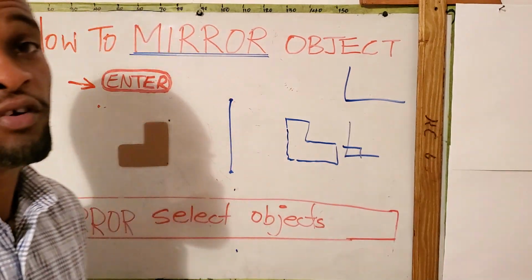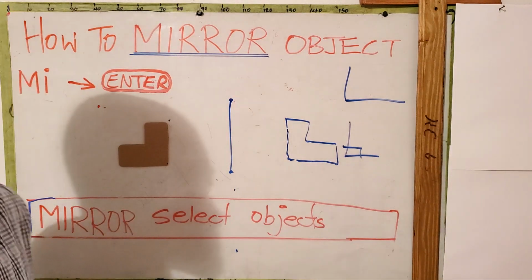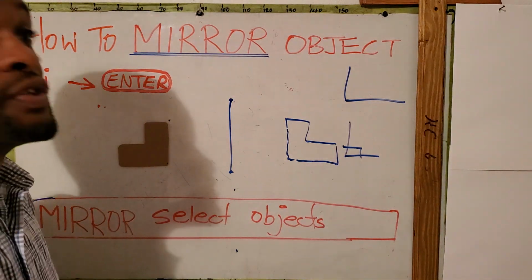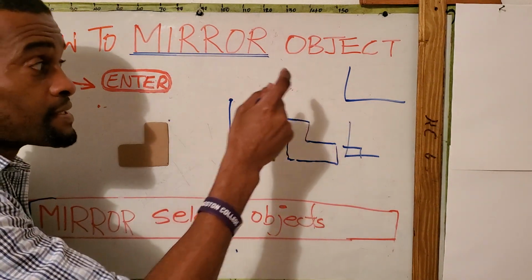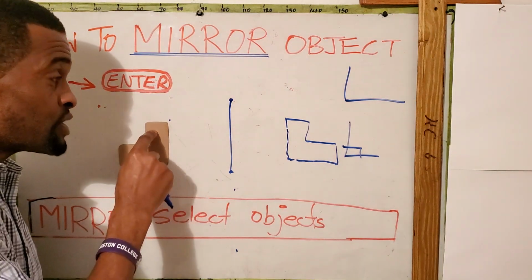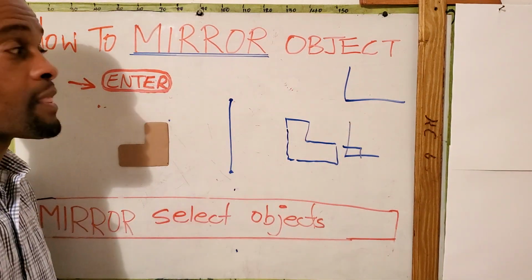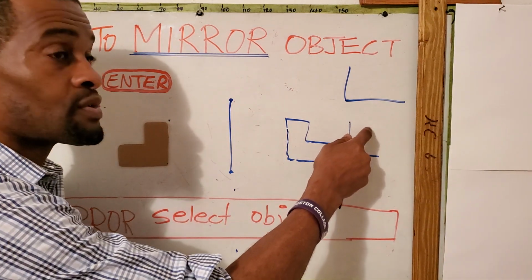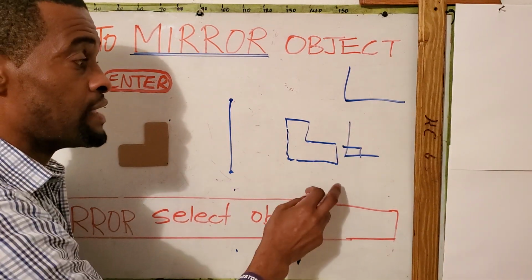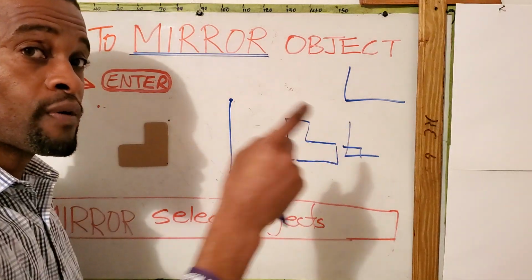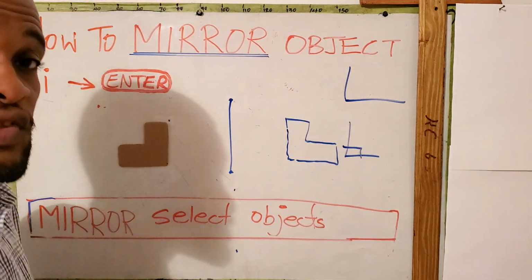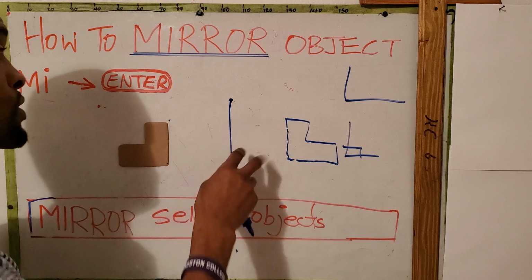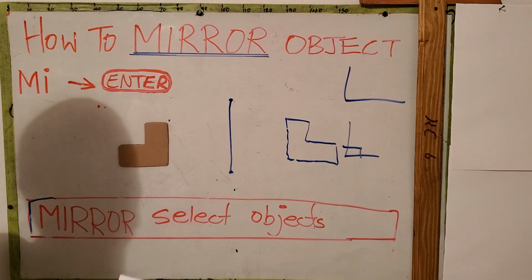Why is this thing not mirroring? Thing is, you did not tell the computer that, look, keep this one. No, don't erase it. So remember, once you click enter, you must click on the no, do not erase the source, if you want to keep both of them. Alright, so that's basically that for mirroring.